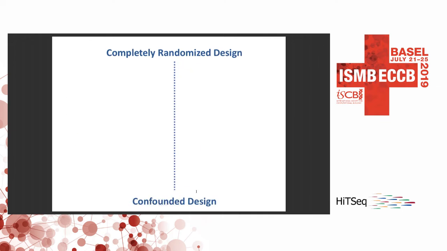So now the question is between these two ends. At one extreme, we have this completely randomized design that is infeasible, although ideal. And at the other end, we have a wrong, confounded design. Whether we can have something in between that is valid but still flexible? For example, in our routine practice, we collect cells from one patient and send them as a batch to sequencing.